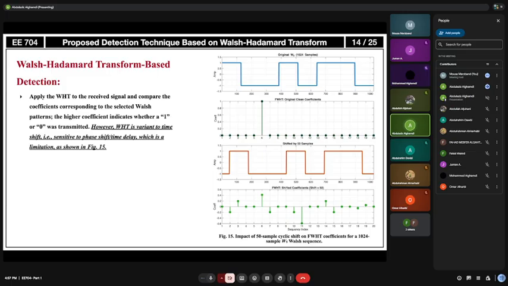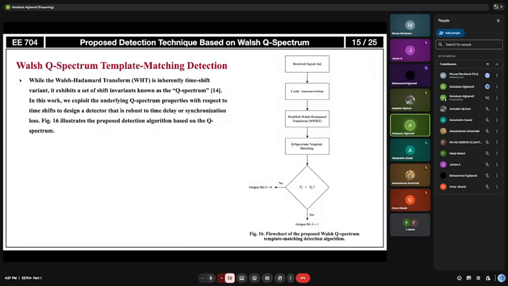However, when this Walsh function experiences a time shift or a circular shift by 50 samples, or even one sample, if you take the Walsh-Hadamard transform of that signal, as you can see in the last figure, the coefficients will be mixed, and you cannot identify the transmitted signal.